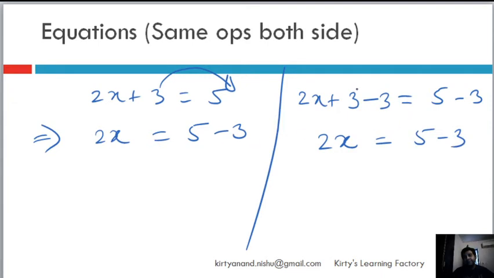So you can add the same number on both sides, nothing will happen. Okay, the value will hold. Okay, you can also subtract the same number from both sides, like in this case we subtracted, the equation will hold. You can also multiply with the same number on both sides. Okay, but then you have to multiply the whole thing. ऐसा नहीं है कि you only multiply 2x or you only multiply 3.